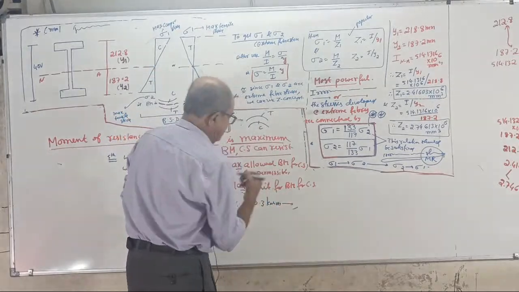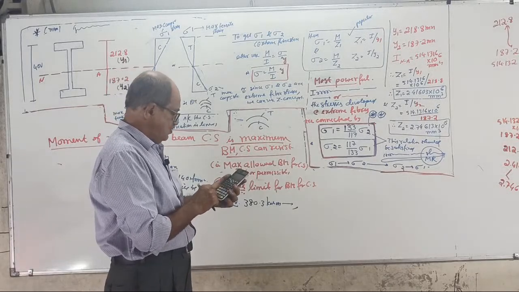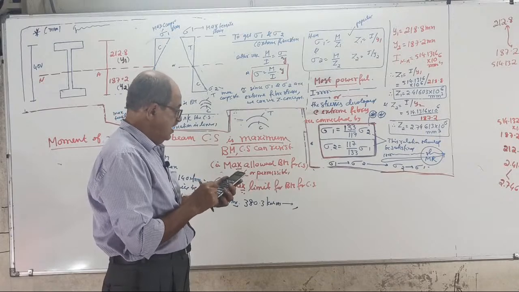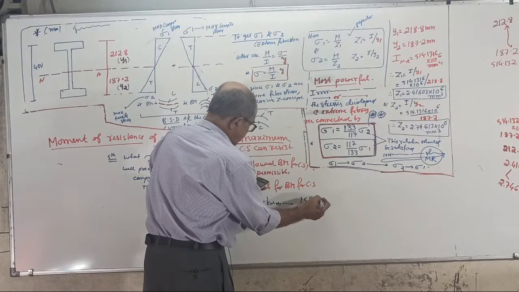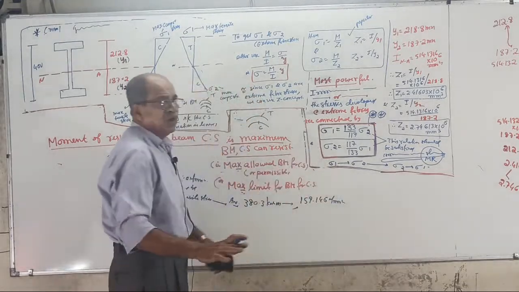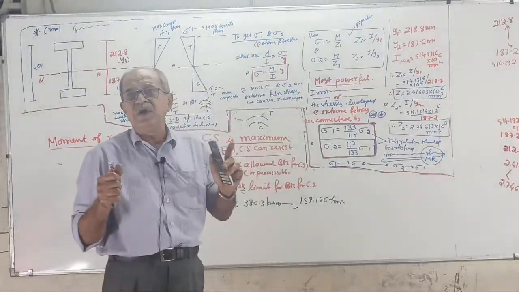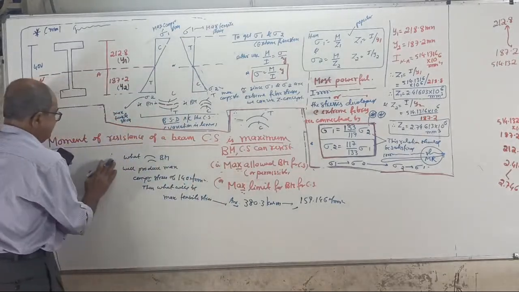Second answer is 159.146 Newton per mm square. This is homework. You should do it now. Correctly do the question. Then only you get full control. Okay, start. Now, 6th question.